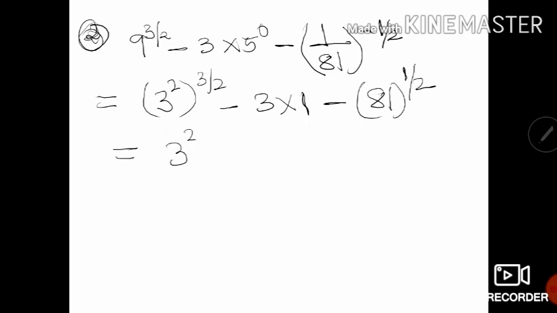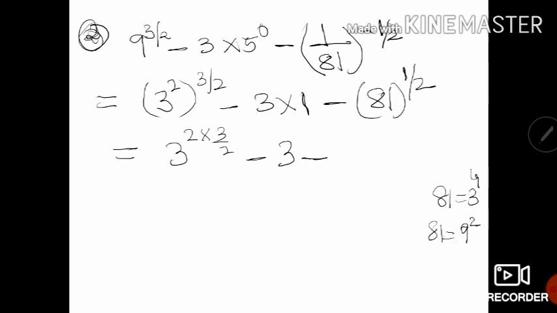So this is 3 to the power 2 into 3 on 2 minus 3 minus the base 81 can be written as a number with exponent. So 81 is 3 to the power 4 and 81 is also 9 to the power 2.